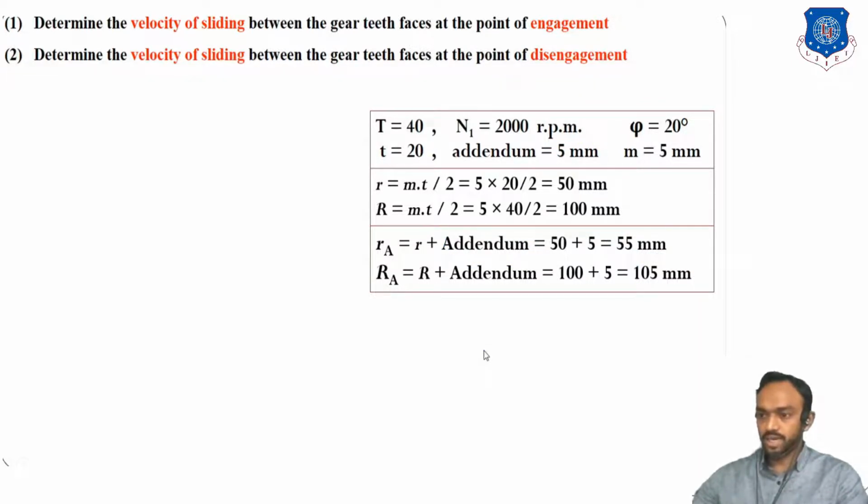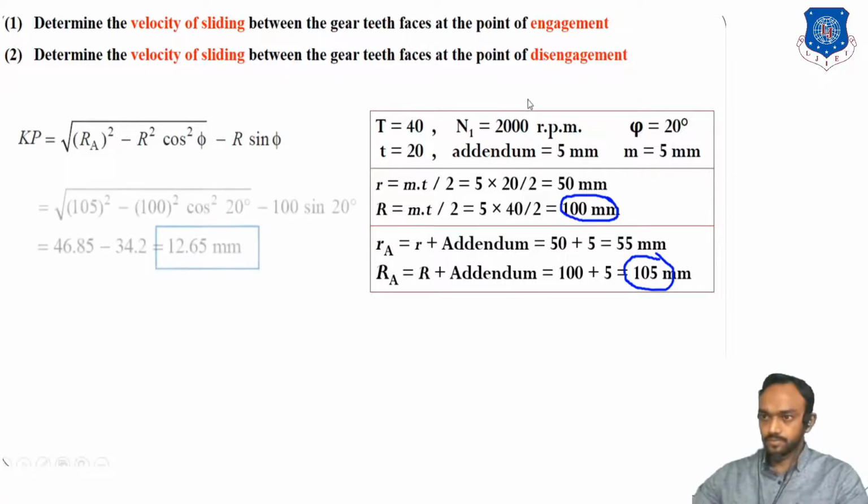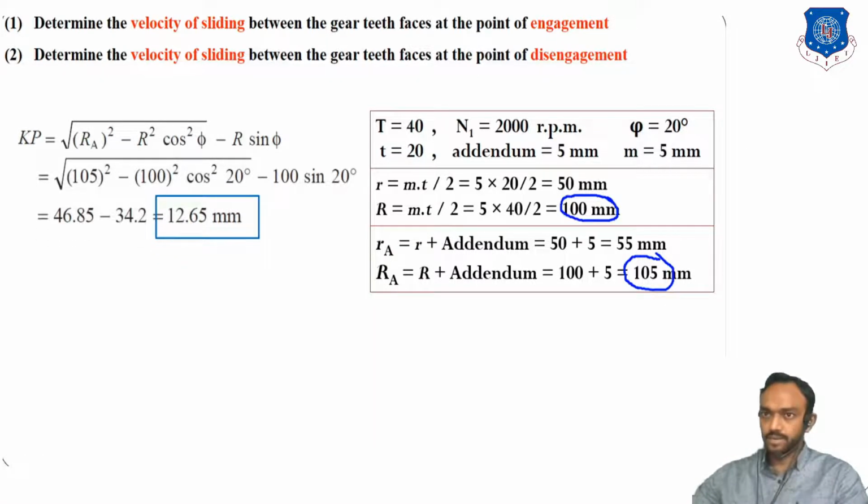So after that we will find the Kp. The equation is the same: square root of capital RA square minus R square. Capital RA is 105 and R is 100. Put it in the equation and we will find 12.65.